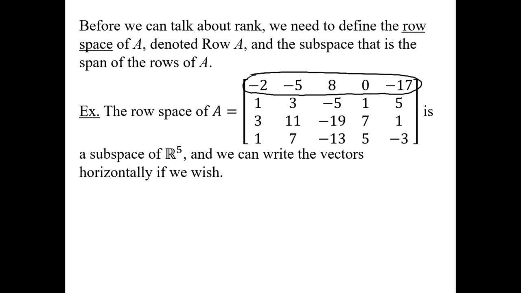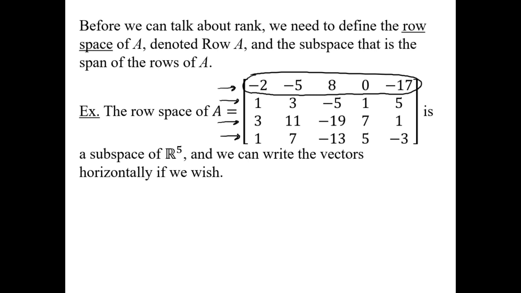Up until now we've been writing vectors vertically. Nothing wrong with writing vectors horizontally, and that's basically what we're doing. So the row space would be the span of all 4 of these rows. And because all 4 of these rows are in R5, the row space would be a subspace of R5.